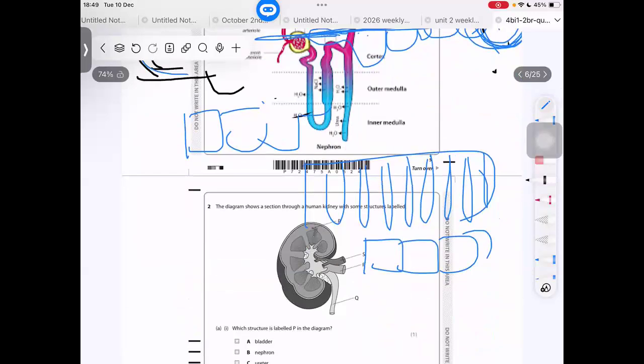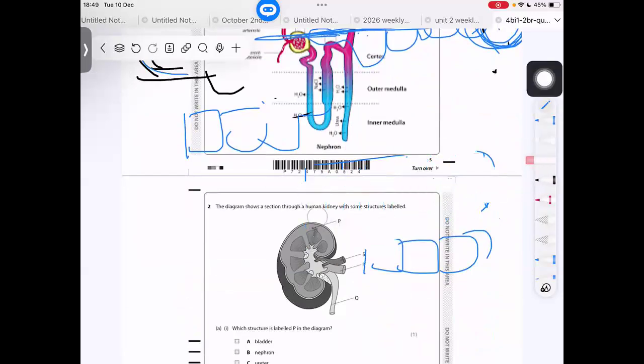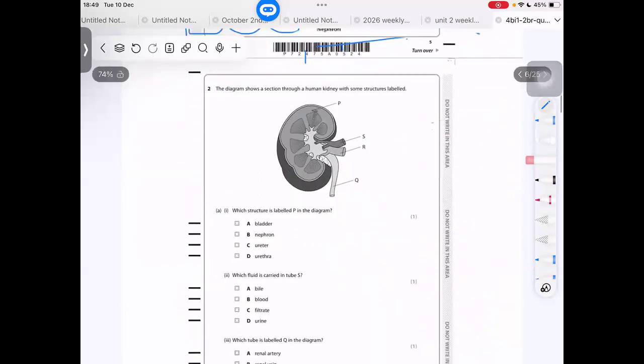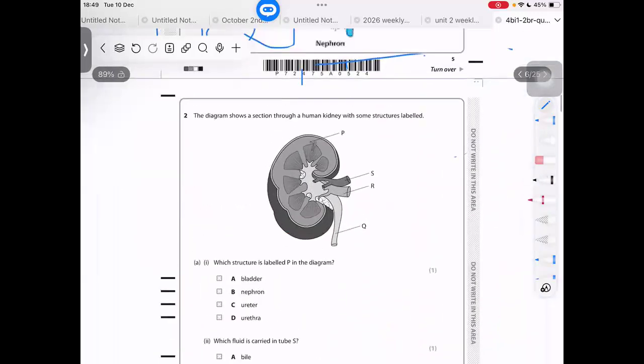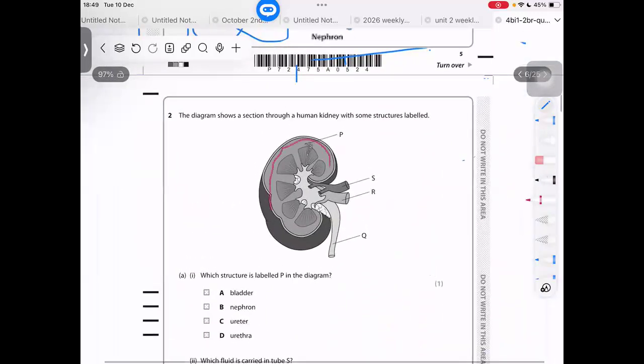Okay. Then you can see the second question. Here they have shown us a section of a human kidney, and they have labeled some parts in this kidney. Basically, you can see this outer structure is called the renal cortex, and this inner structure is called the renal medulla, right?